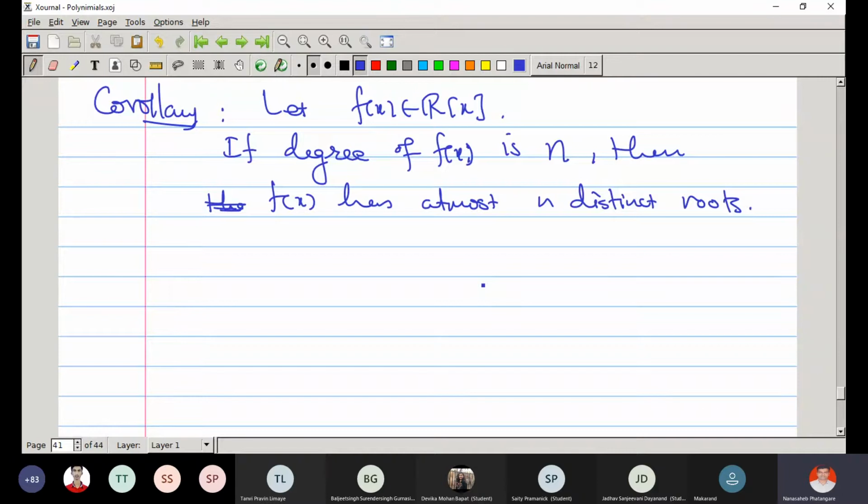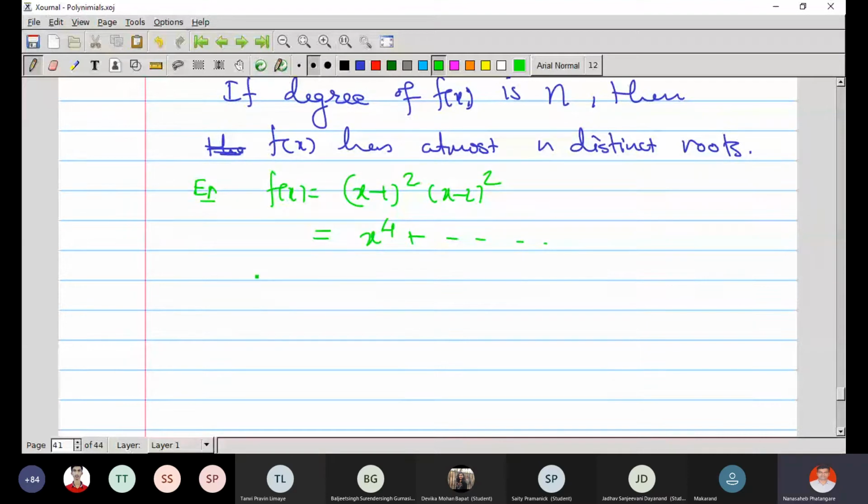For example, if your polynomial f(x) is (x minus 1) squared times (x minus 2) squared, what is the degree of this polynomial? It is x raised to 4 plus something. You can multiply and see. The degree is 4. But how many distinct roots? 2.